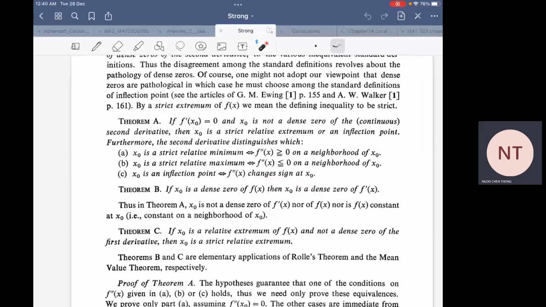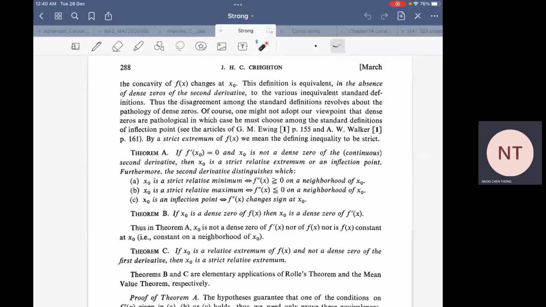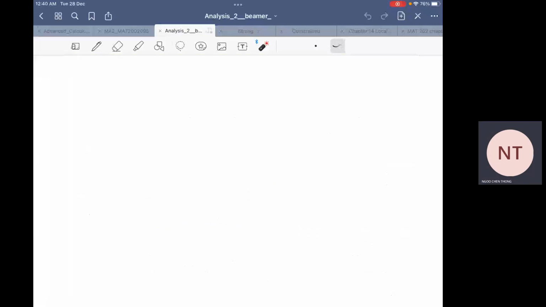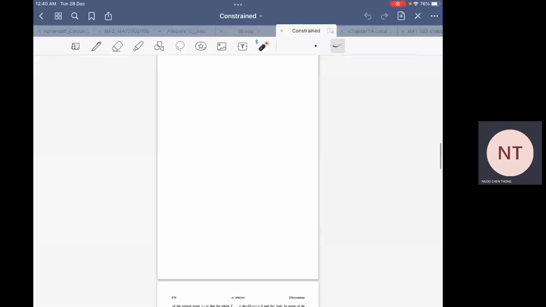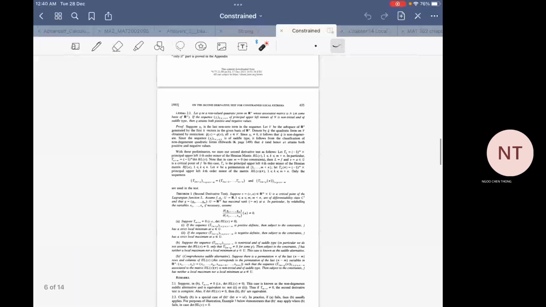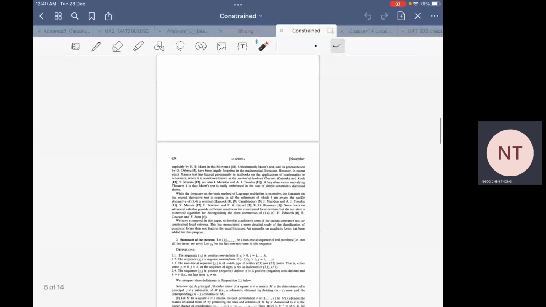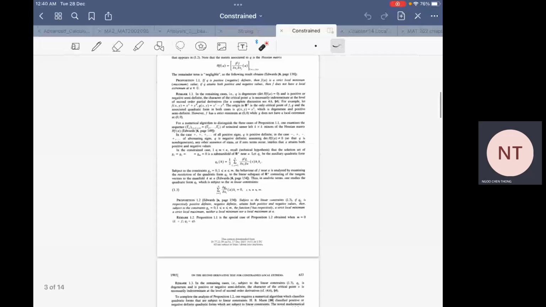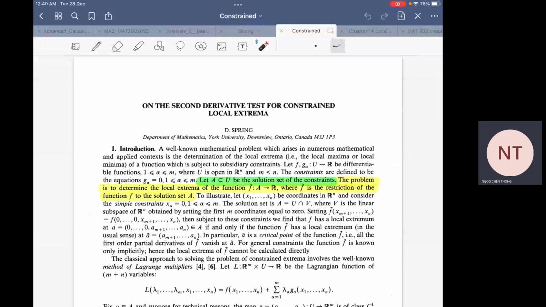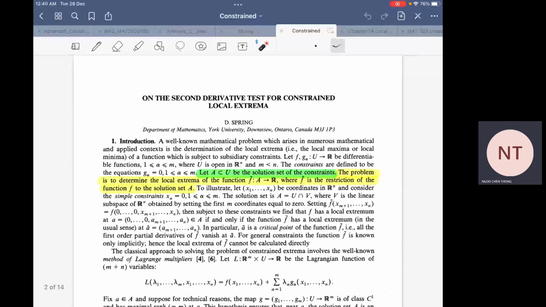Now the second paper is on the second derivative test for constrained local extrema. We need to find the local extrema with some constraint. Here the constraint is: let f and g alpha map U to R be differentiable functions for alpha from 1 to n.